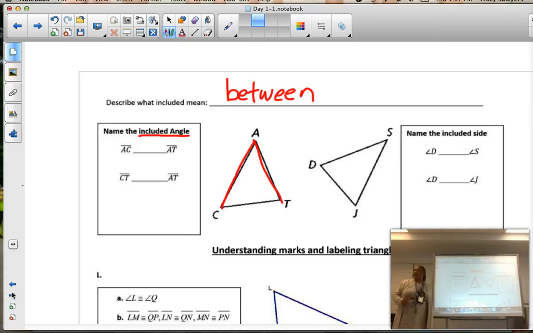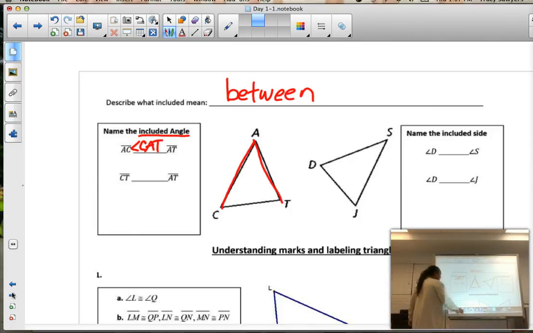It's the angle, right? Yes. CAT. Thank you. Be very careful, because when we're talking about included angle, we should have 3 letters, and the letters should start here where I highlighted, go through the angle, and down to the other side. And that's why I like to highlight it.